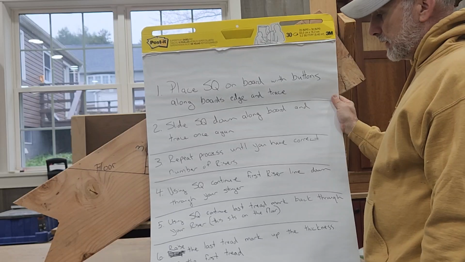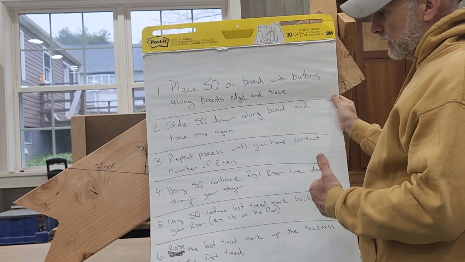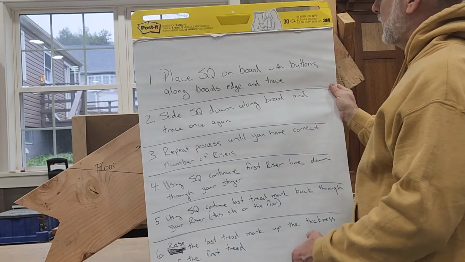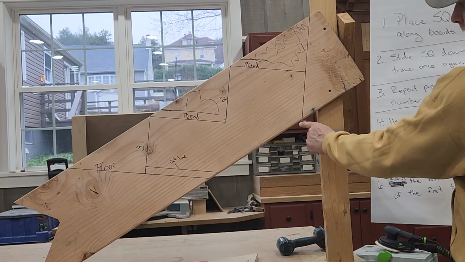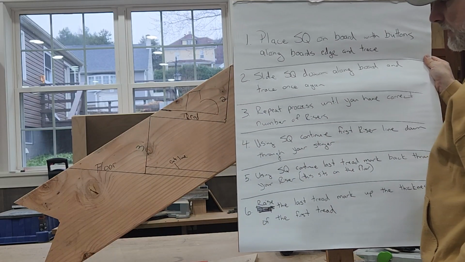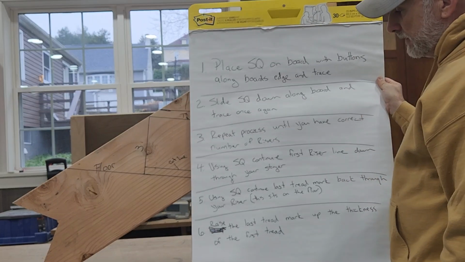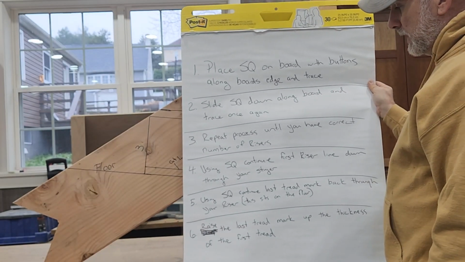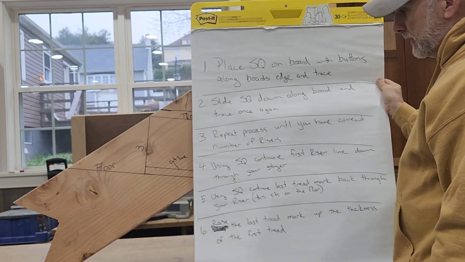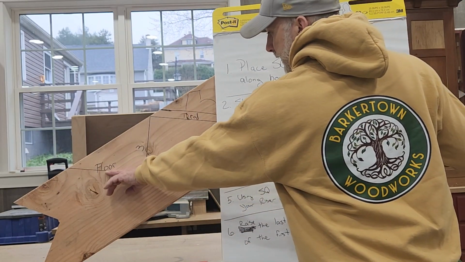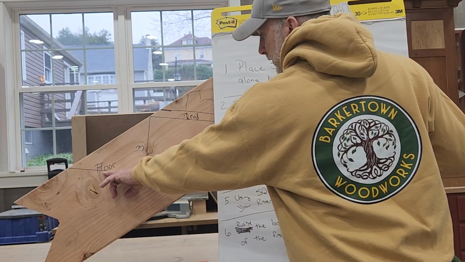Step number 4, we're going to use our square, and we're going to continue this first riser down through our stringer. Step number 5, using the square, continue the last tread mark back down through your riser. So right now, this last tread mark is representing your floor.